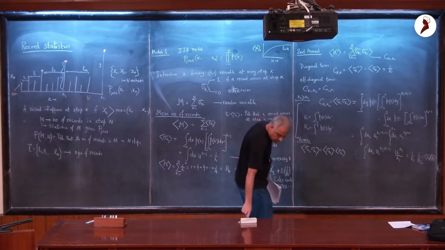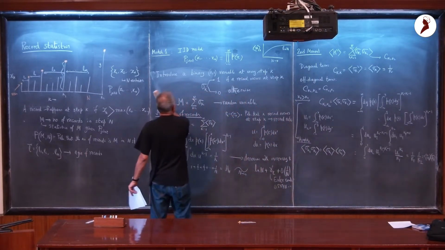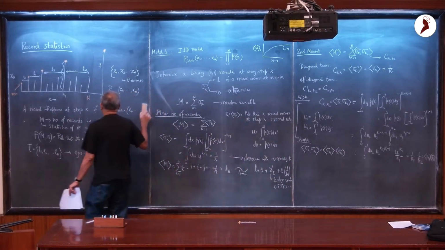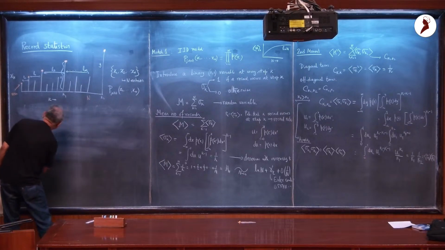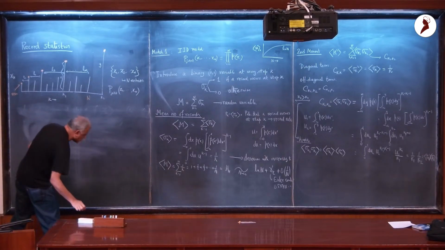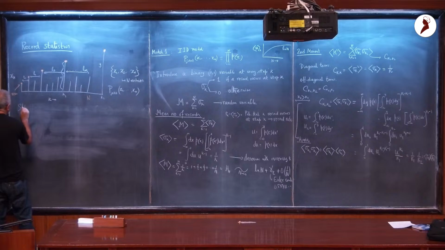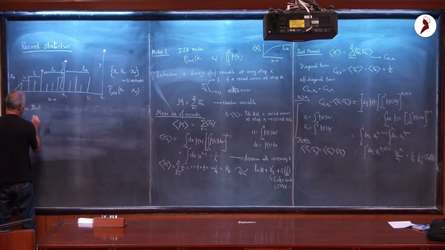And then, which I'll not do in the class, you can do the same exercise, so I'll leave it as an exercise. So now instead of k1, k2, you go up to a general correlation function. You take n such records and you ask what's the expectation value of that.